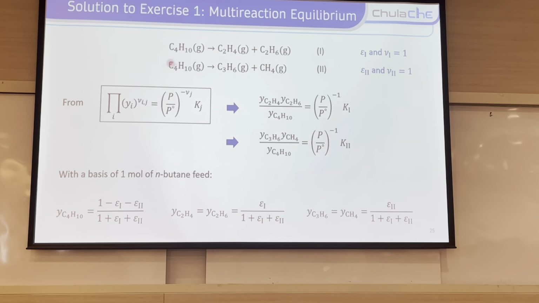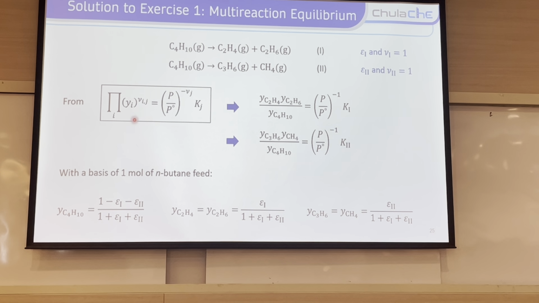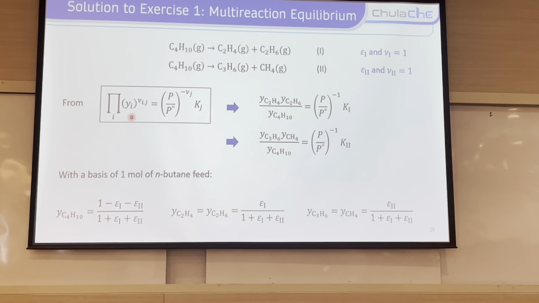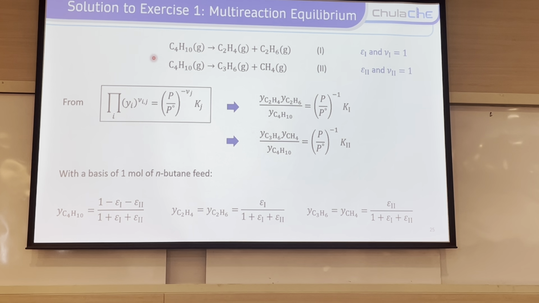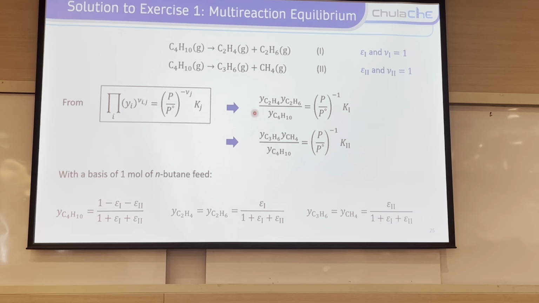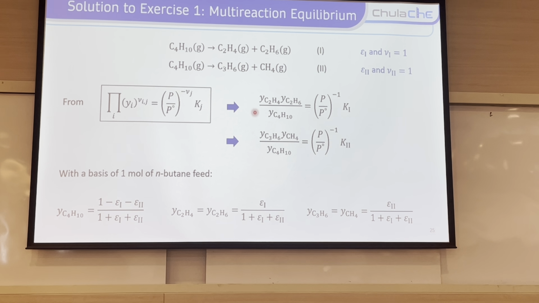So in order to solve this equation, you have to clarify the ratio of the mole fractions here. And in order to do that, you have to know what chemical reaction occurs in the system. If you know what chemical reaction occurs, then you can write the ratio of mole fractions here. But if you just know the species in the system, for example ethylene, ethane, and propylene, and you don't know the chemical reaction, then you cannot write this equation.